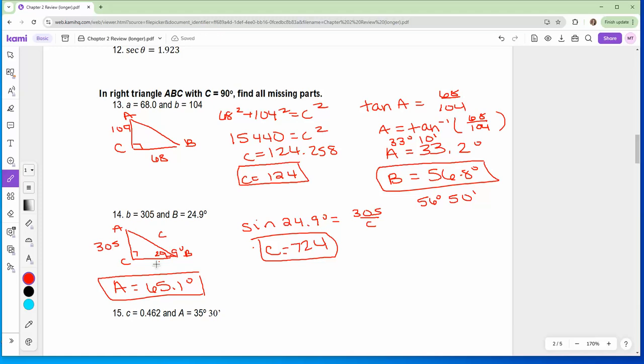That's adjacent and opposite, so I might do tangent of 24.9 equals 305 over A. So you multiply by your A, divide by your tangent. If you're doing significant digits, that's 657, but you could have had decimals.